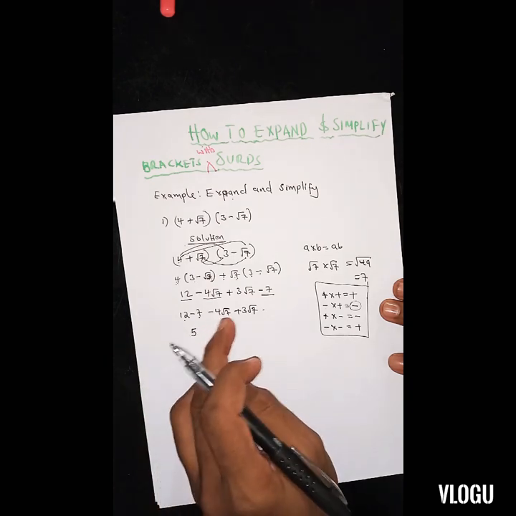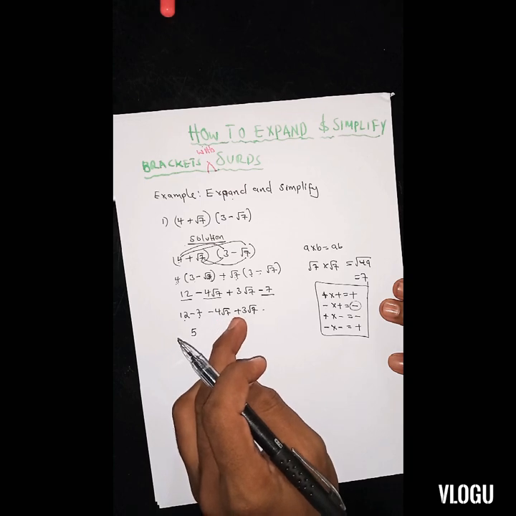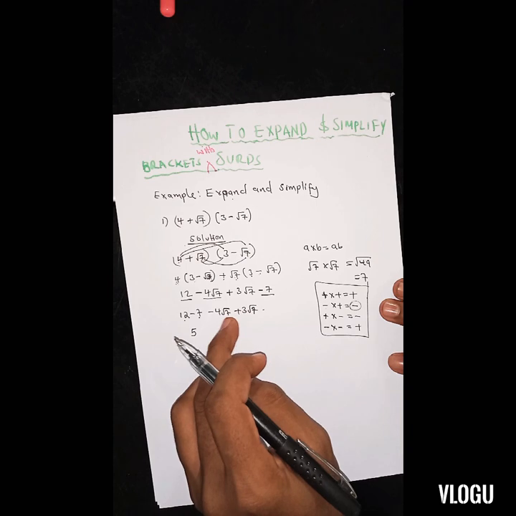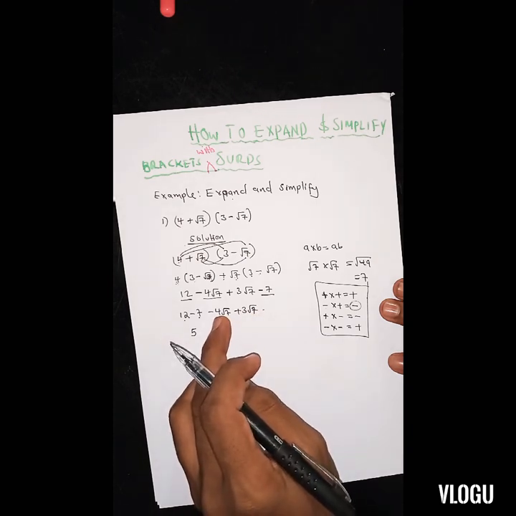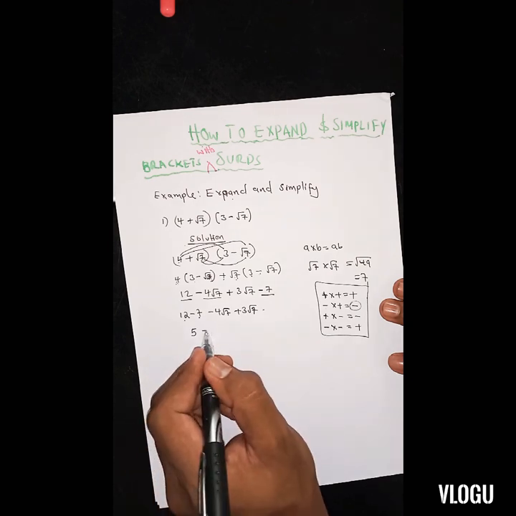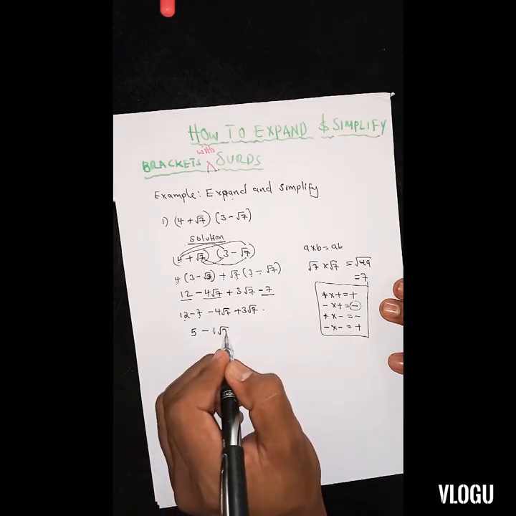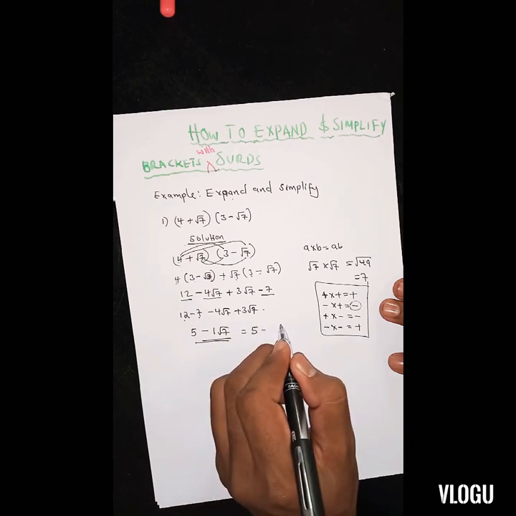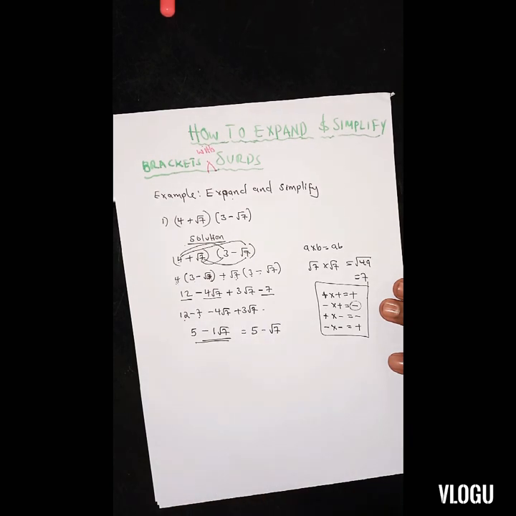And then the surds, minus 4 root 7 plus 3 root 7. Without considering the roots, just consider the coefficient of the root, which is minus 4 plus 3. So minus 4 plus 3 becomes minus 1 root 7. And that is your end result. So your end result is 5 minus root 7.